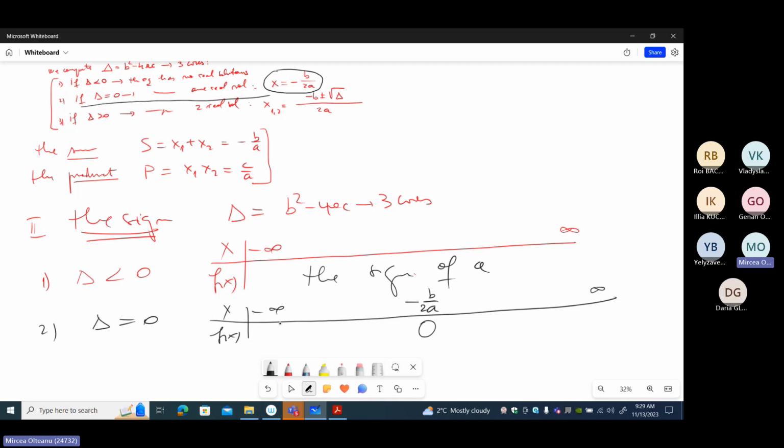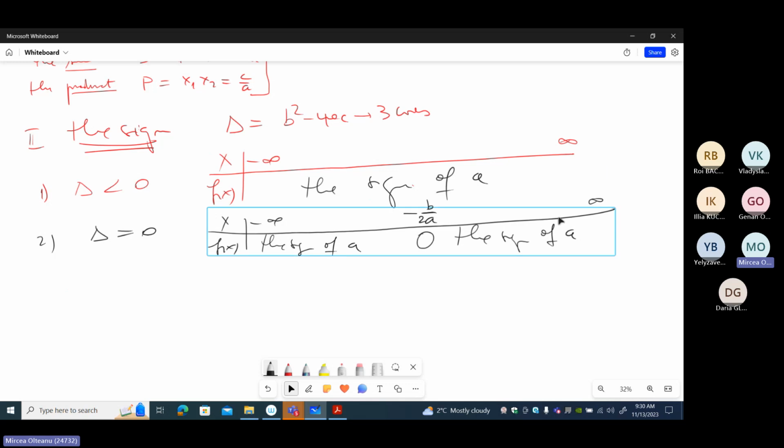The sign on the left is the sign of a, and on the right is also the sign of a. So it has a constant sign, but now it also takes the value 0, if we compare with the first case.